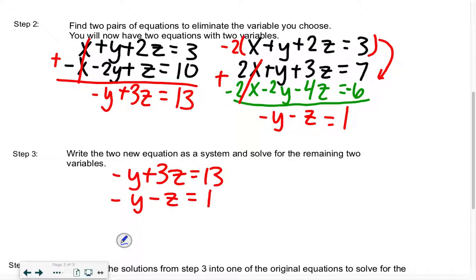Perfect. If I subtract negative y minus a negative y, that's like plus. Negative y plus y, those cancel. 3z minus a negative z is like adding 1, so we have 4z equals 12. So how big is z? 3.